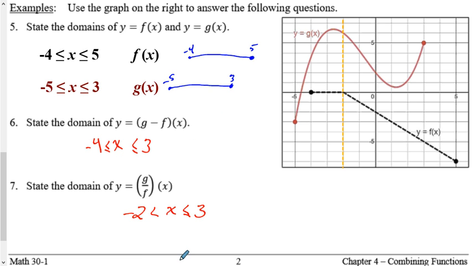So when we come to combining the two functions together, we have to take the intersection, or the overlap, of these two domains. So we're only going to look at this section in here, which goes from -4 up to +3. And so that's the domain that we wrote here for g minus f of x.